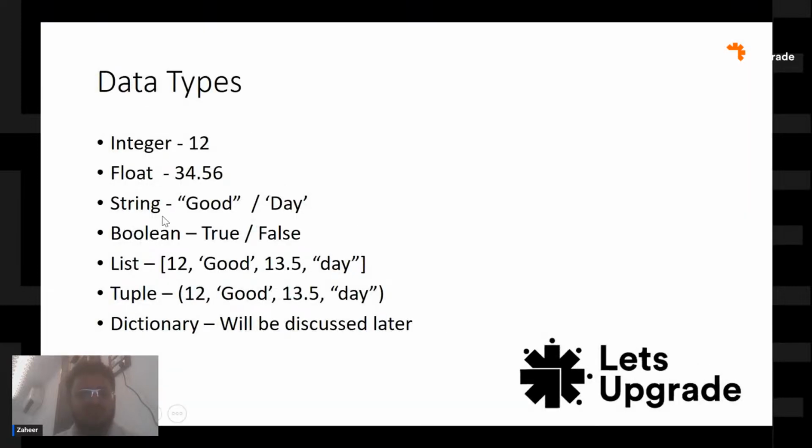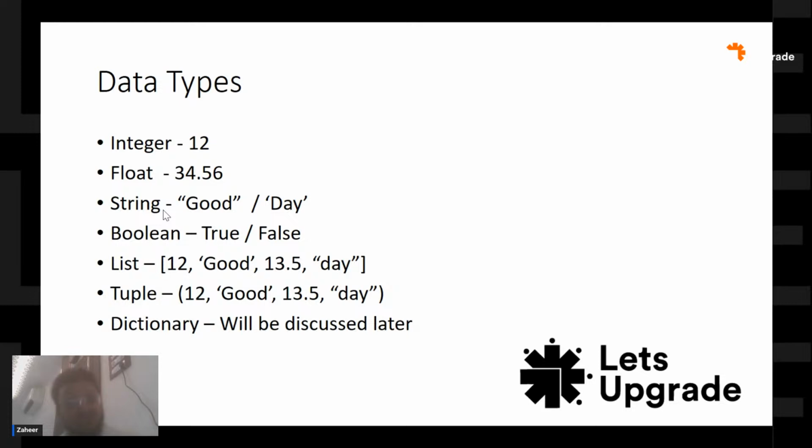Now what is the difference between a variable and a data type? A variable is just a memory reference to hold any value. A data type is the type of data you are going to use.